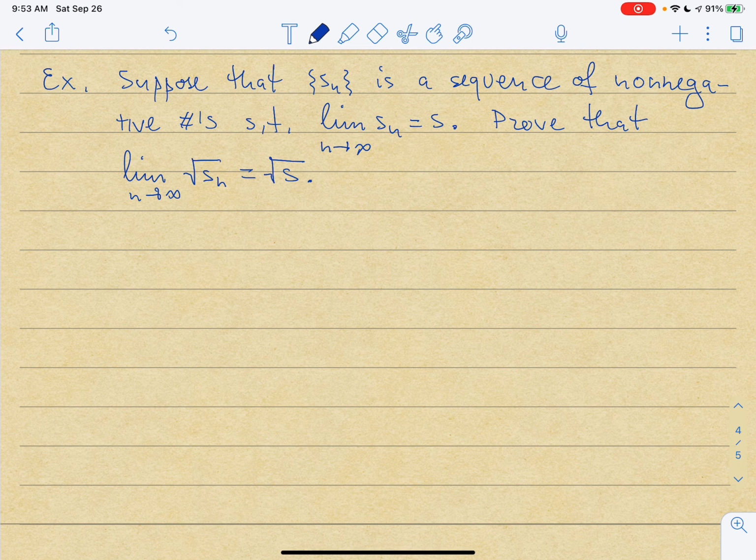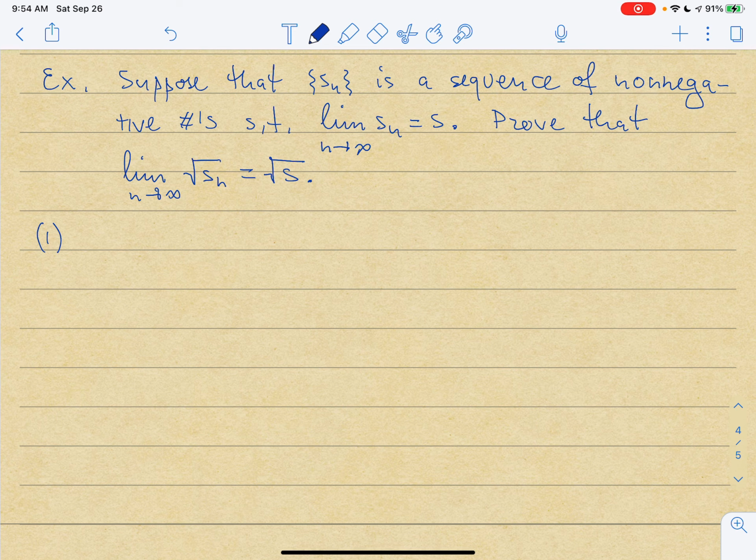Okay, so let's consider several cases in this case. Case number one is this. If I know that I have a positive or non-negative sequence, what can I say about the number S, the limit of that sequence? Can this number be, for example, negative?